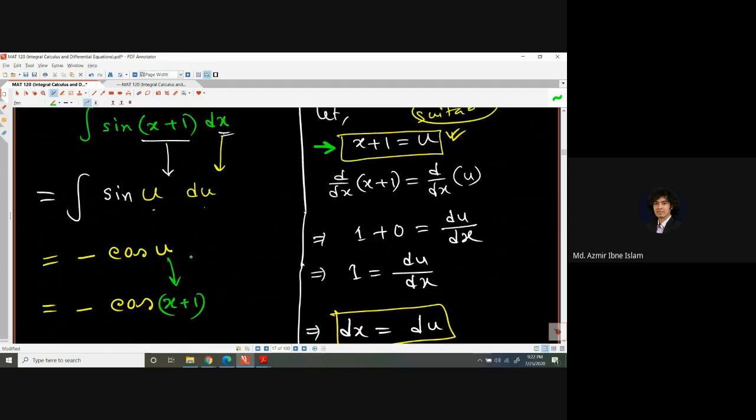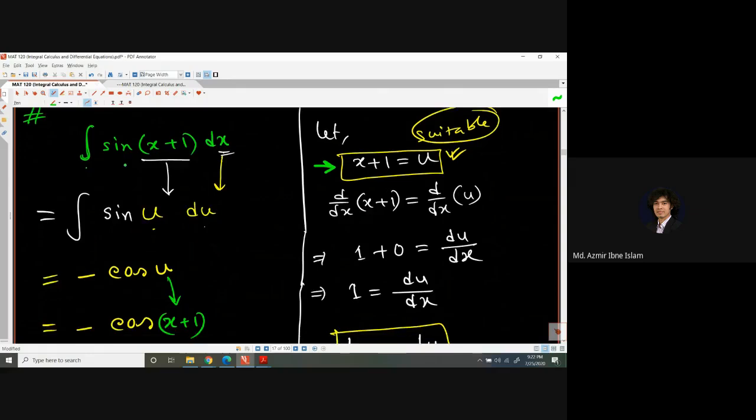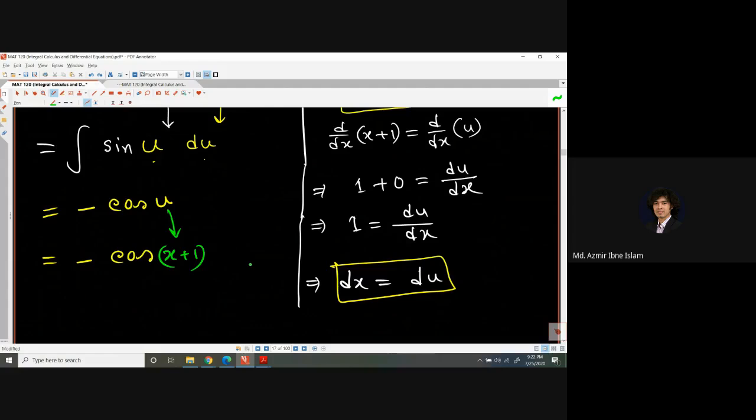Since we have no lower and upper limit, that means we have been provided an indefinite integral. That means that integral has no lower and upper limits. So definitely we can add a constant c. So this is the result.